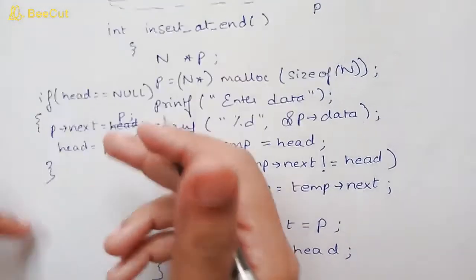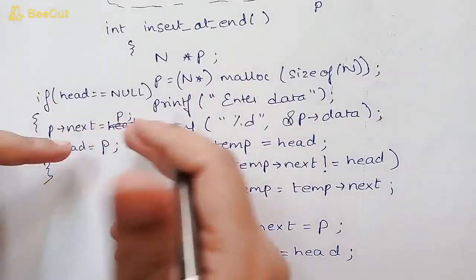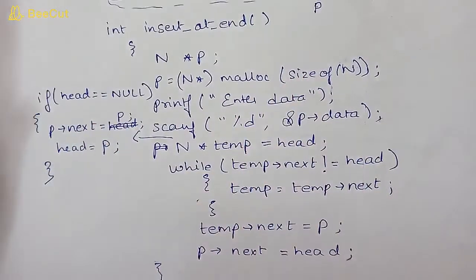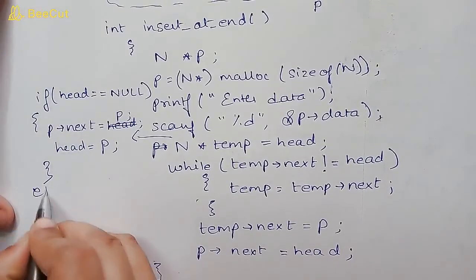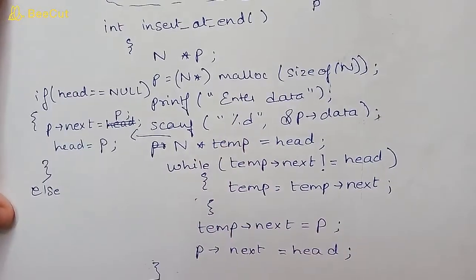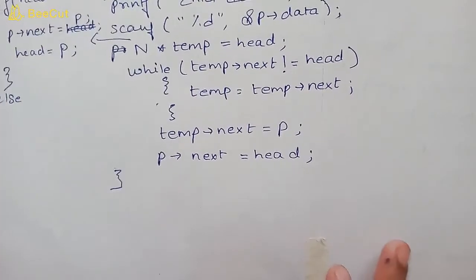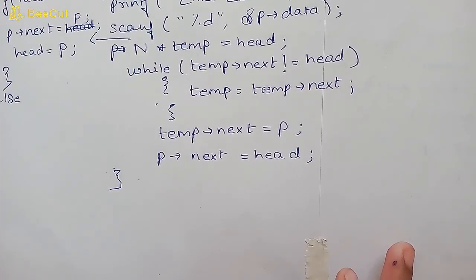Or you can write it the opposite way, head equals p, p next equals head. You can write that if head is null. Else you have to do the traversal part, right? So this is what you have to do in insertion at the end.